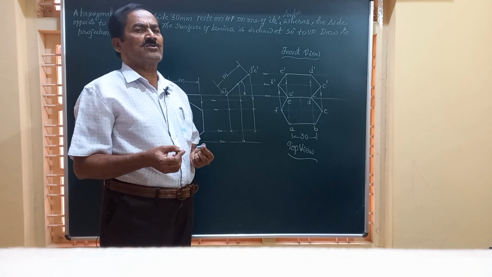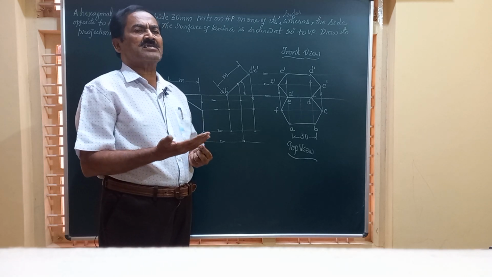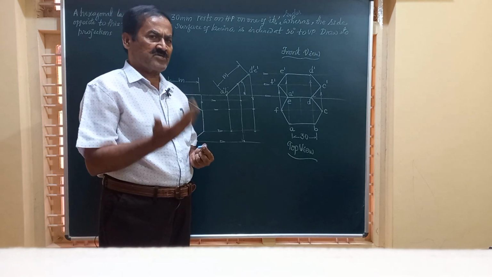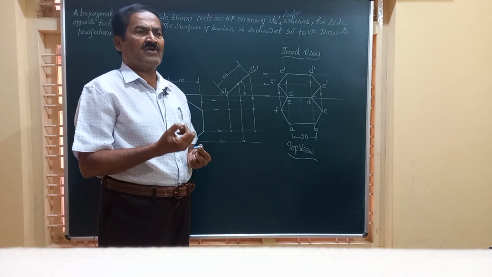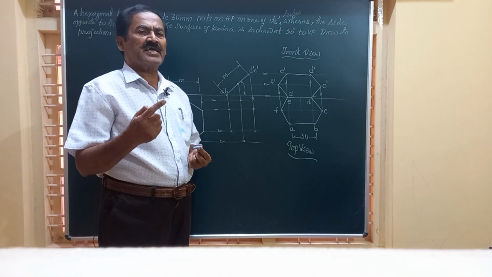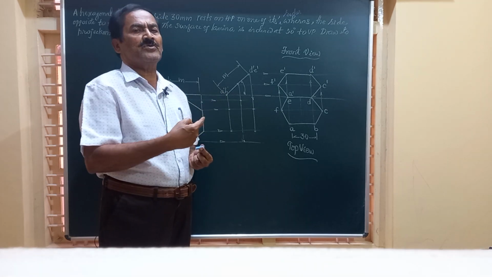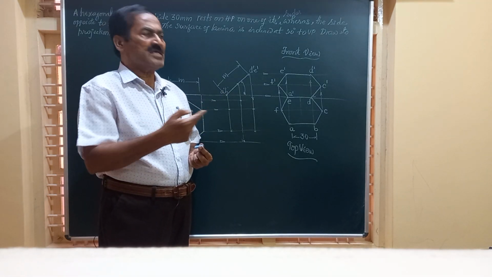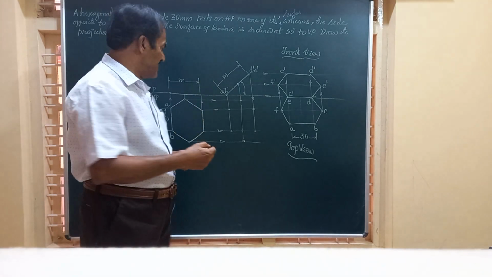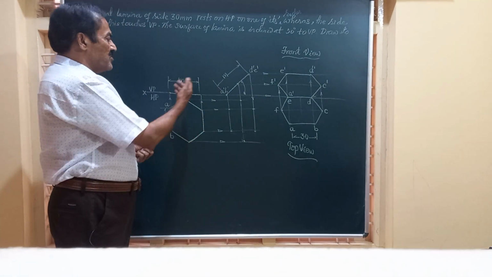As a general rule, whenever the lamina is resting on HP, one of the sides of that lamina has to be perpendicular to VP, and in this particular problem both the sides will appear normal to VP.